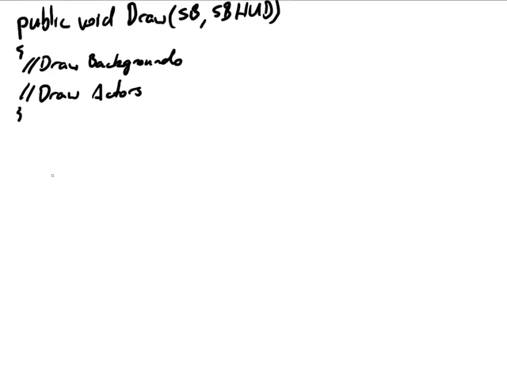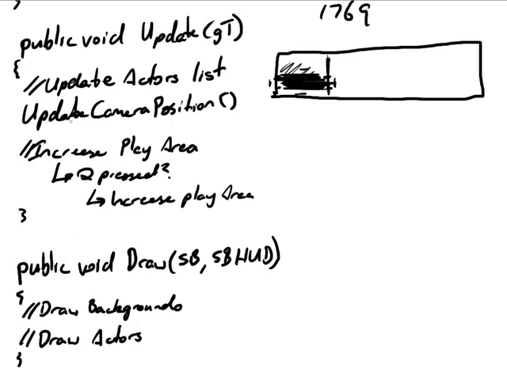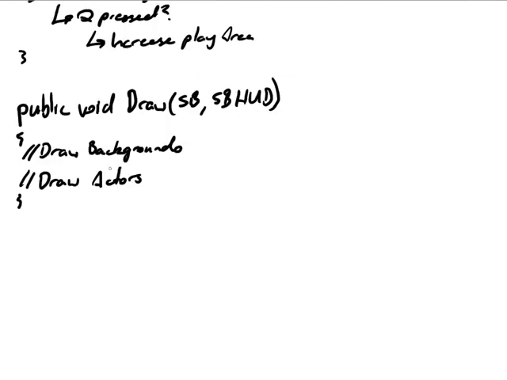What else are we going to need? We need to have our other method here, which was in the update call, called update camera position, I should say. Moving down again. So private void.